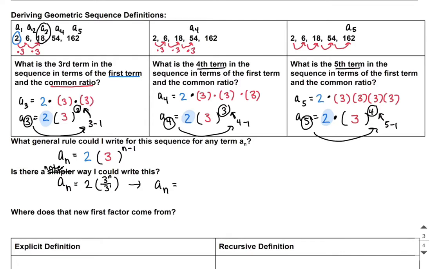It's technically 1/3, because it's 1 over 3 to the 1st power that I'm taking out. And I could write 2 over 3, or 2 times 1/3, times 3 to the nth power. So this is another way that you can write it, and this new first term is the term before the first term. So 2/3 is the term before the first term. If I were to divide by 3, I would get 2 over 3 as my a sub 0.